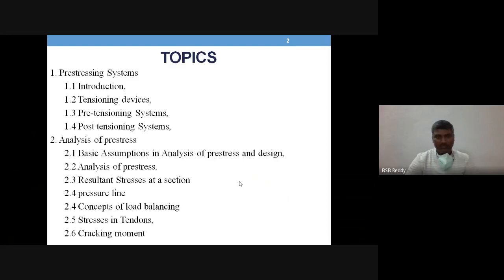So this is the second half of the unit. Okay, it is purely analysis of pre-stress, meaning how much pre-stress you are inducing into the concrete through the tendons. Okay, so this is what Unit 2 talks about.